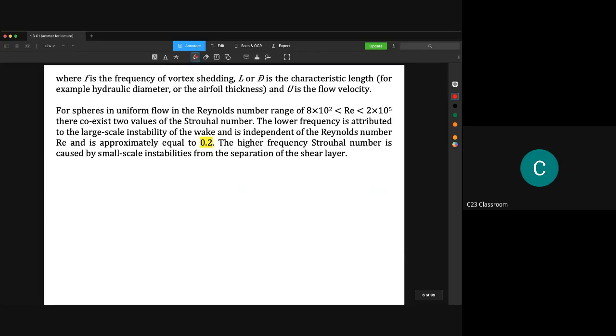And then we need to be alert about when we want to use L and when we want to use D. So in this situation, because the cross section of the wire is actually circular, we take the diameter of this wire as our constant.